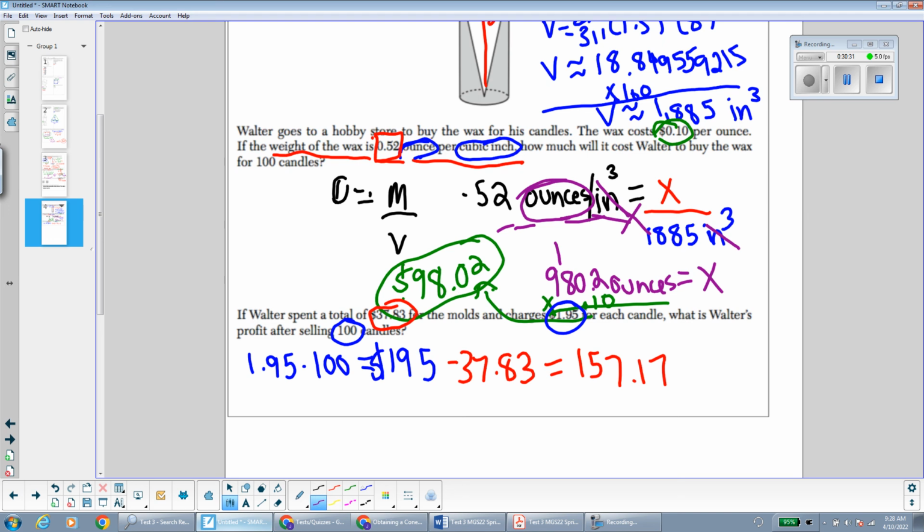And in the last part of the question, we figured out that it was going to cost Walter $98.02 to buy all of the wax for his 100 candles. So we also have to subtract that off because that is part of what Walter spent to make the candles in the first place. So we get $59.15. And that is Walter's profit after taking away everything that he spent to make the candles.